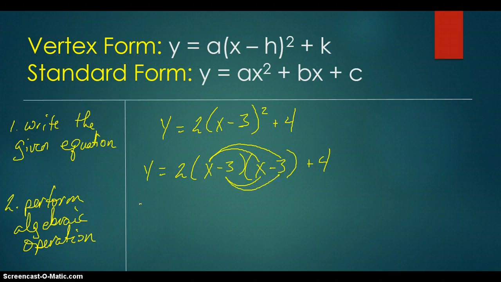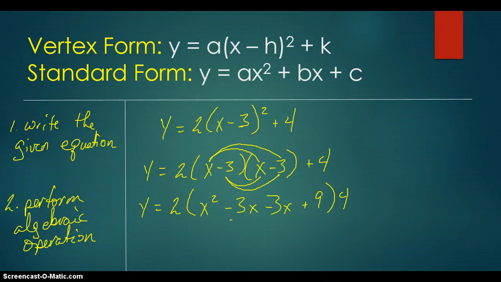So I'm going to be neat. I'm going to put my parentheses, and I've got the first two terms. X times x gives me x squared. X times a negative 3 is negative 3x, and then this negative 3 times x is another negative 3x, and negative 3 times negative 3 is plus 9, and I need to multiply that times 2.